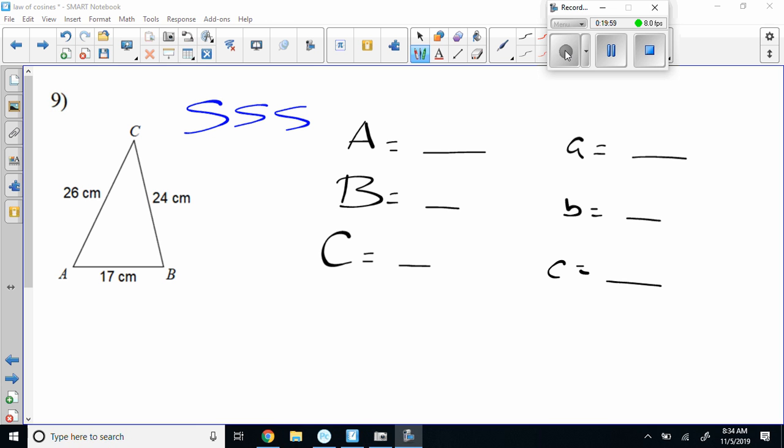You better label these, it will make it a little easier for you. So 24, 26, 17. Now, what do we know about the angles A and B?